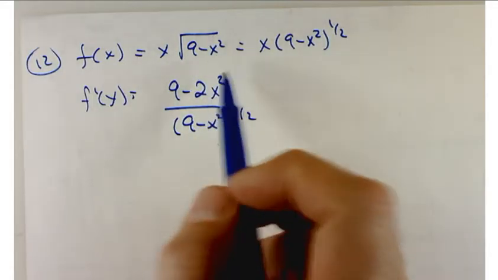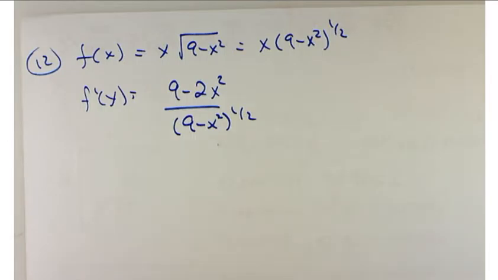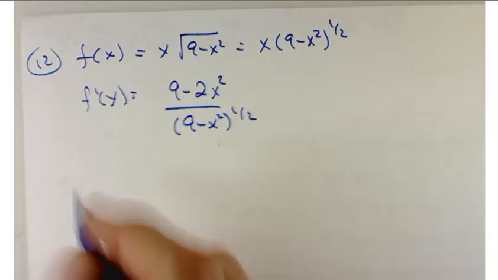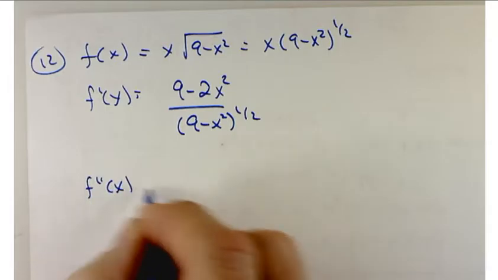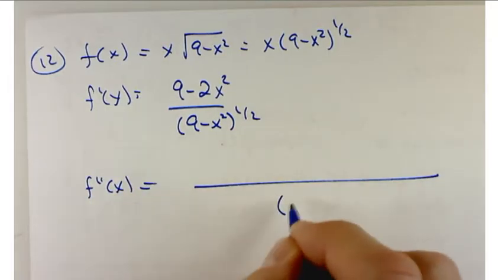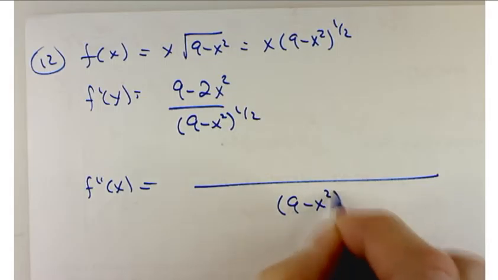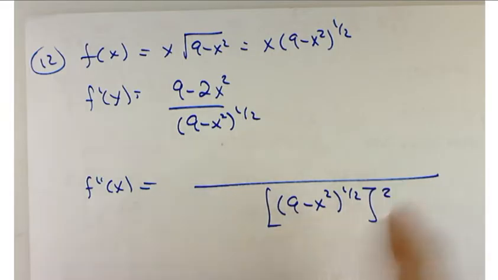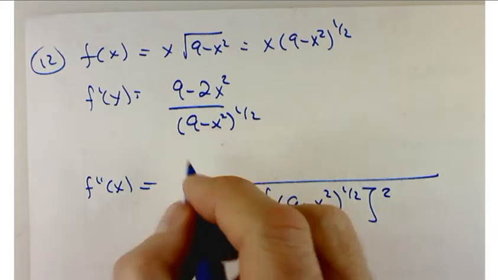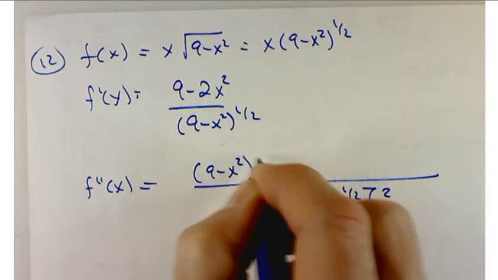All right. Good question, though. So let's work on f double prime of x. We'll start with the square of the denominator. So this to the 1/2 power gets squared. And then the denominator, 9 minus x squared to the 1/2, times the derivative of the numerator.